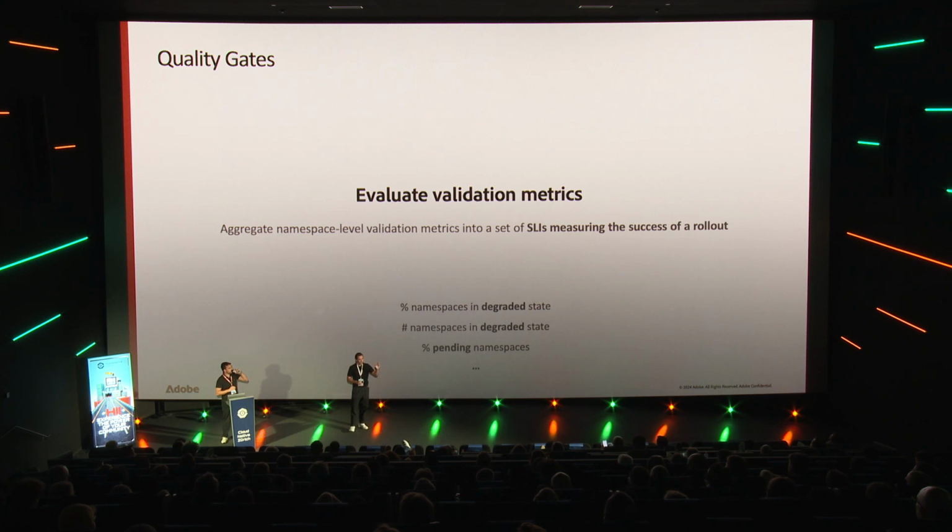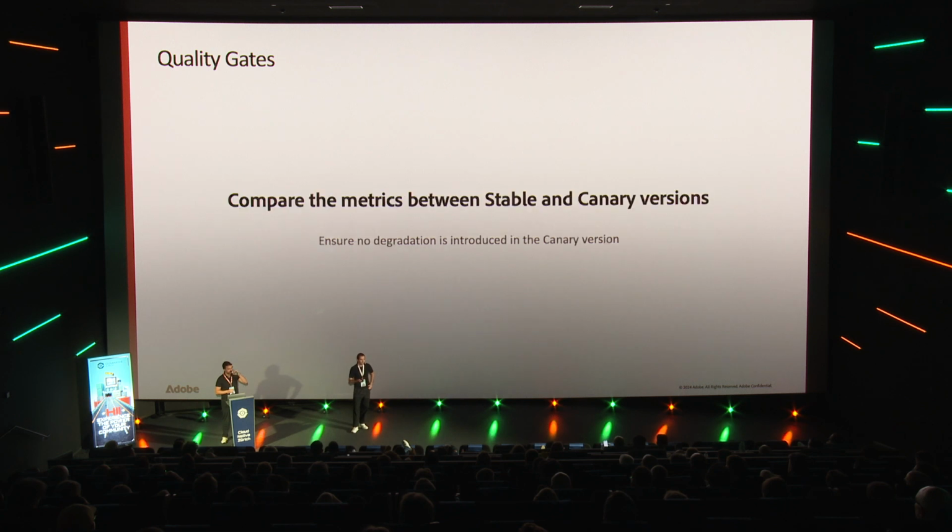So we calculate these 4 or 5 basic threshold metrics, and they tell us the overall state of what's going on. So then we have those metrics, and we do 2 things with it. When we release a new version of a software, we know those validation metrics before we release it, right? So now we have 2 things to compare. When we released a new version, how these metrics changed compared to the one that we were running before.